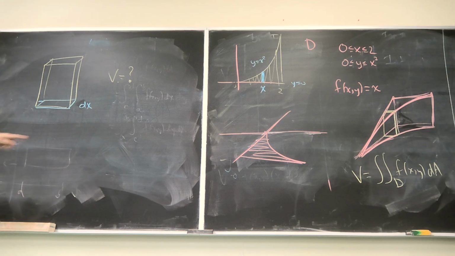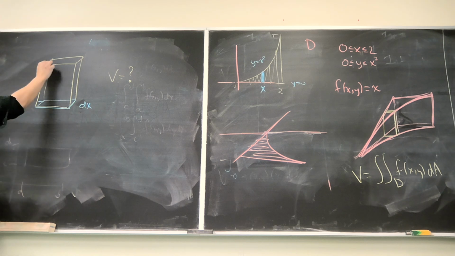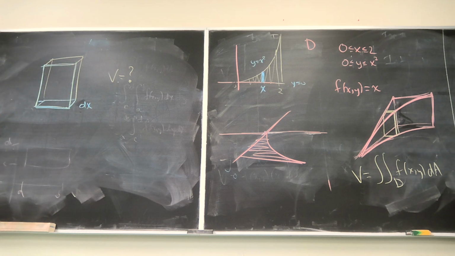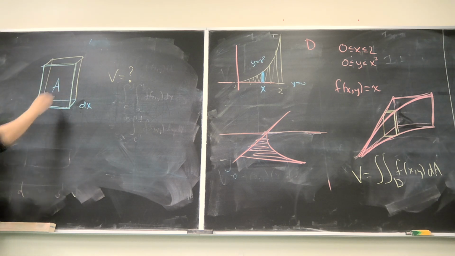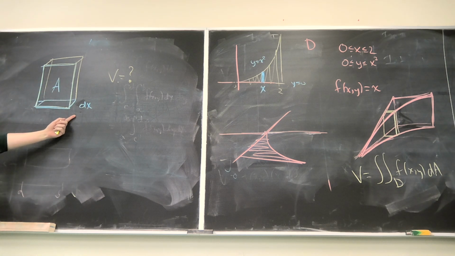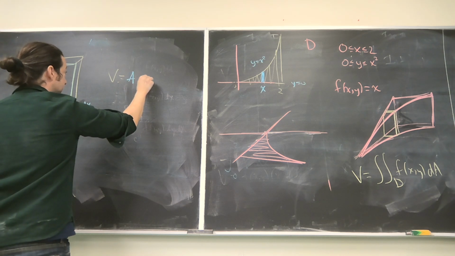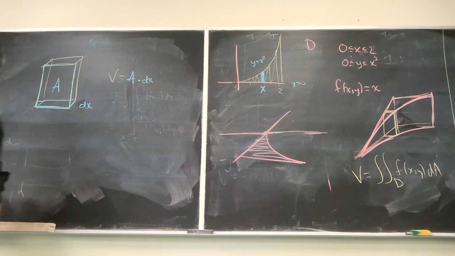Now, since I know that the depth of this thing is dx, if I could calculate the area of this face right here, I could multiply the two together. The volume of that figure would be the face area times dx. That would be the volume of that slice, right? So if I could write this area as A times dx, I would have the volume of the slice.